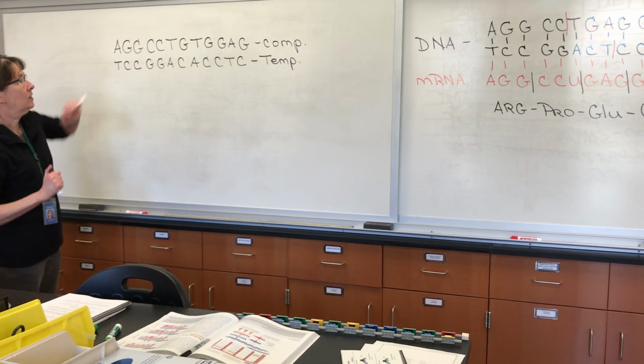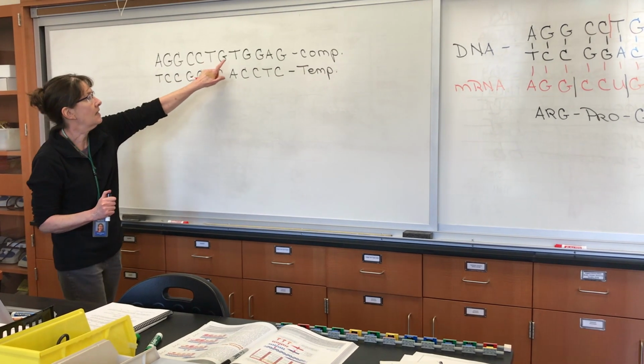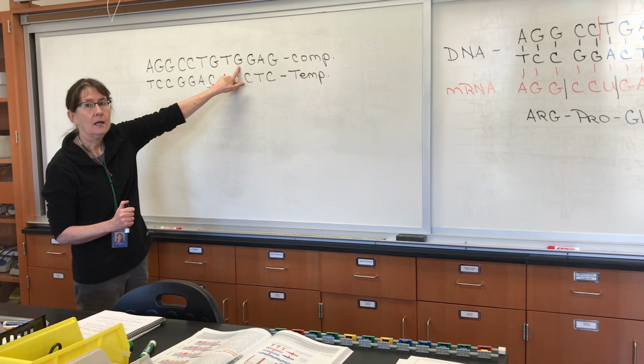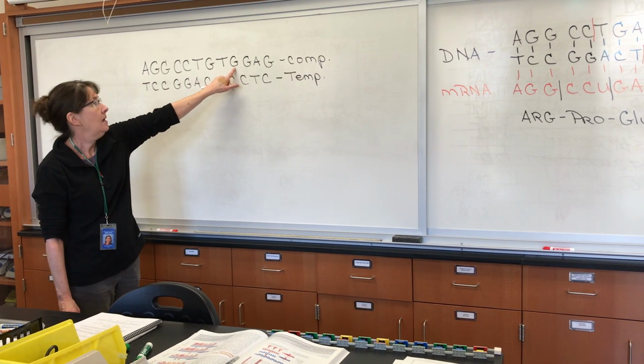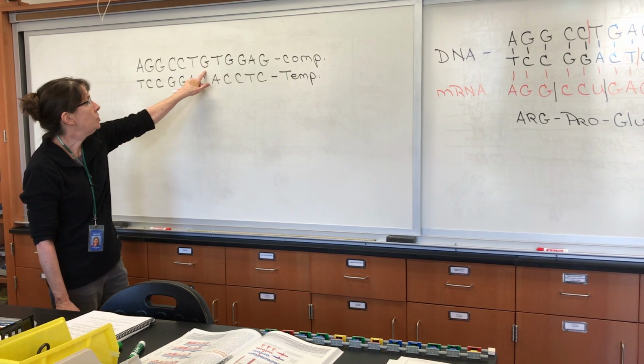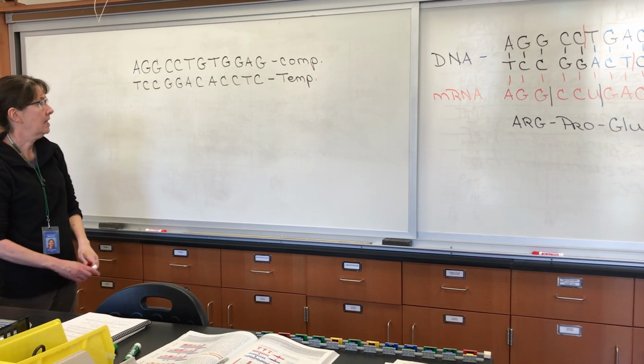So the 8th nucleotide in our strand, 1, 2, 3, 4, 5, 6, 7, 8, originally was GAG, but a mistake was made, and a T was put in instead of the A. So now we have GTG, GAG in our complementary strand.